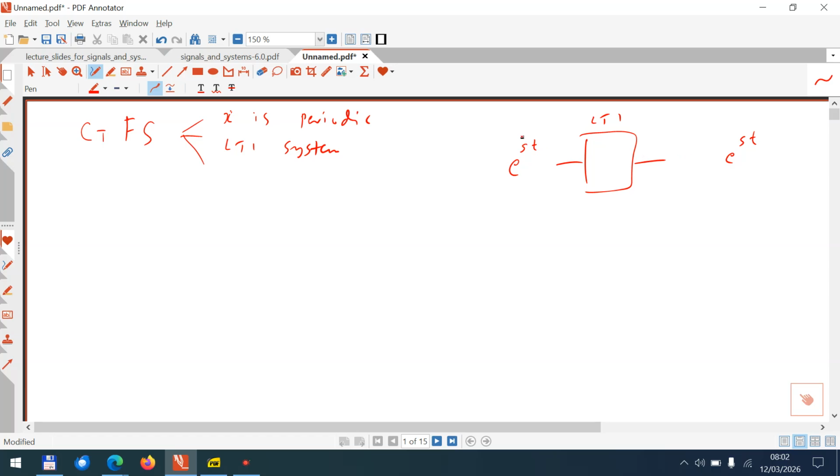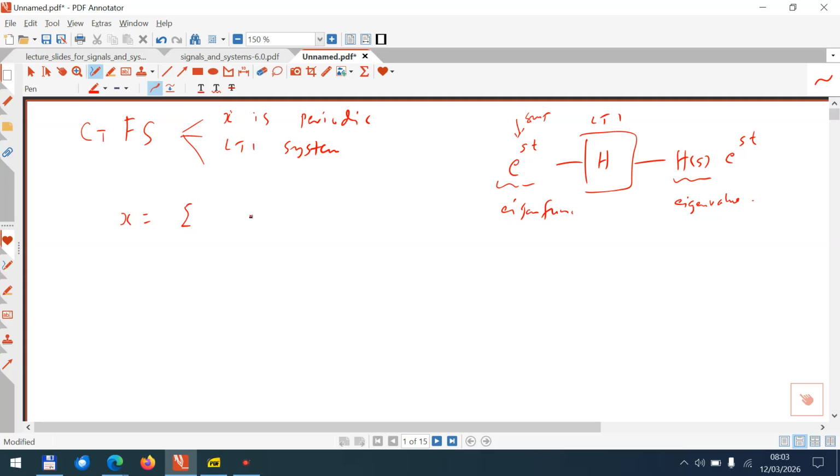Because this s is allowed to be complex, that scalar is also allowed to be complex. That's all it can do, and that's why we say that this is an eigenfunction of this LTI system. We also label this as H, and H of s is then the eigenvalue attached to that eigenfunction.